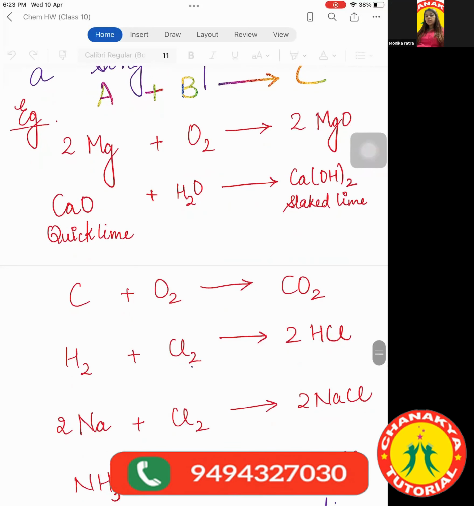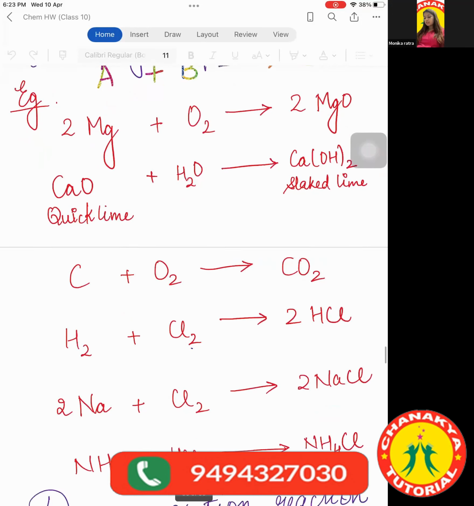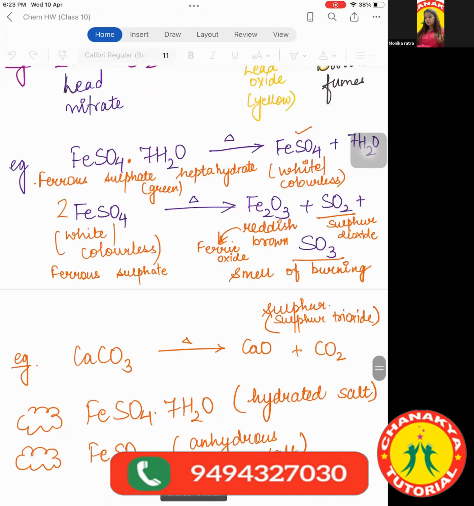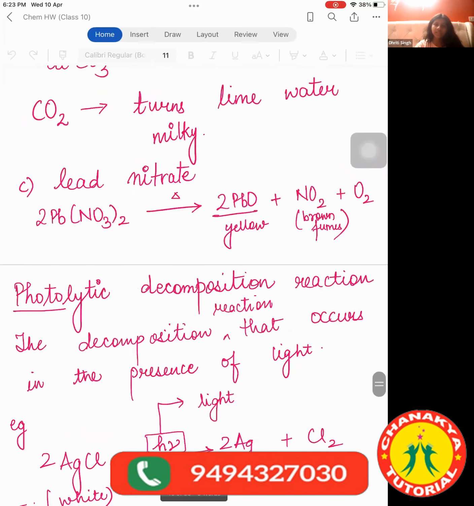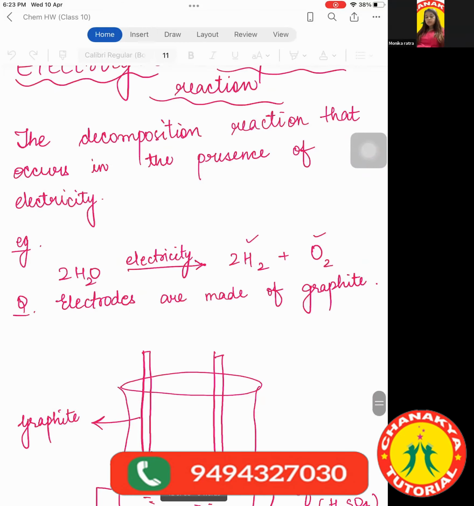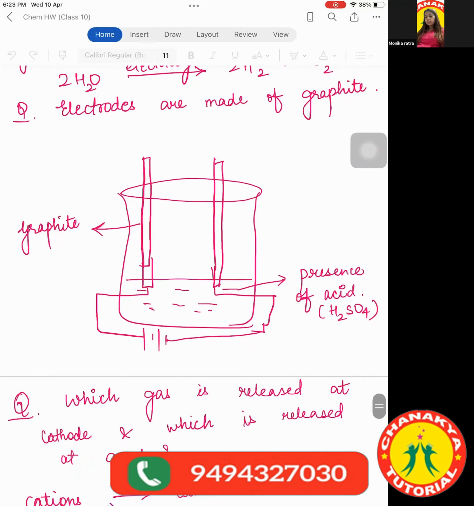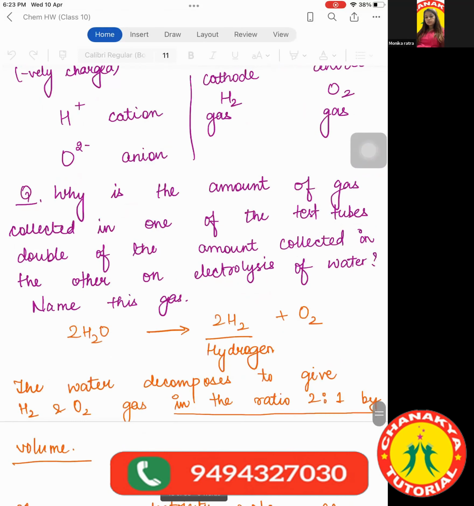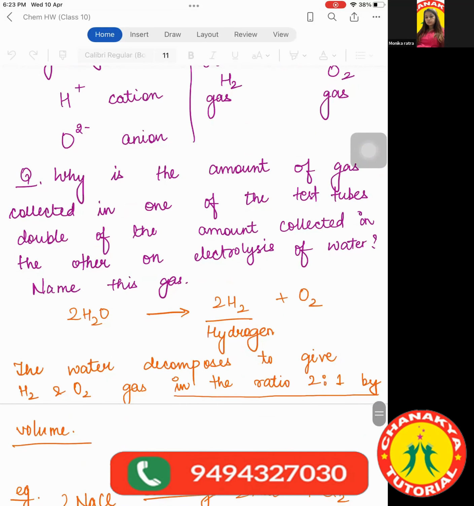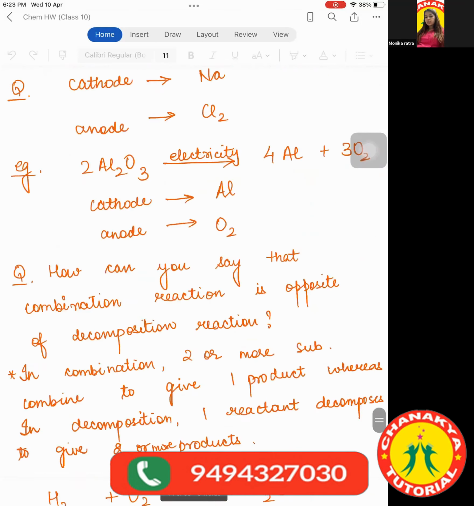Good. Priti, how do we decide which element will be more reactive and which element will be less reactive? Ma'am, because of the reactivity series. Yes. What is a reactivity series?